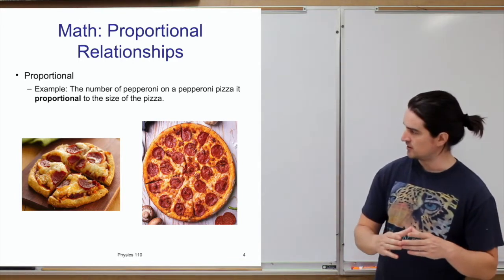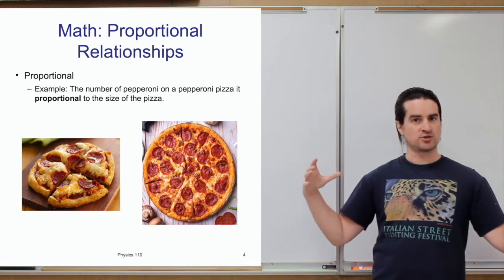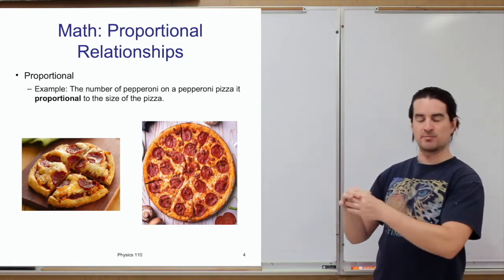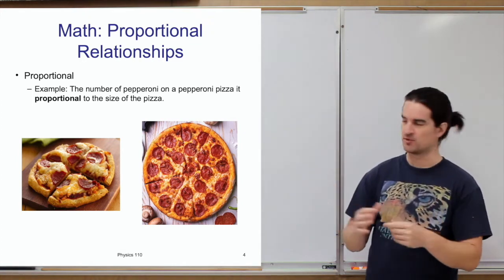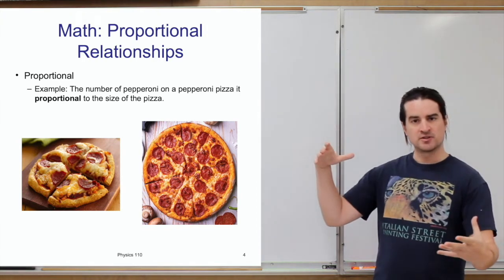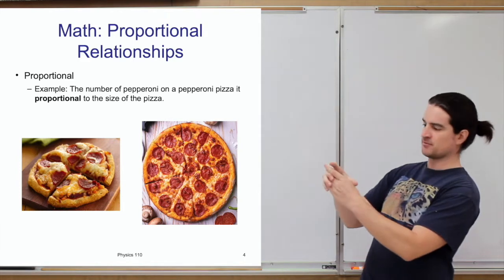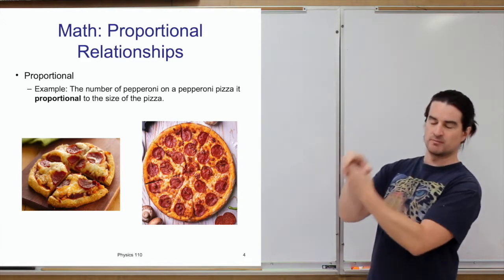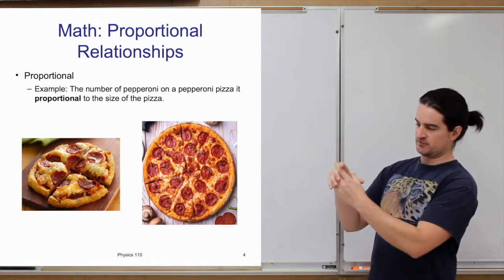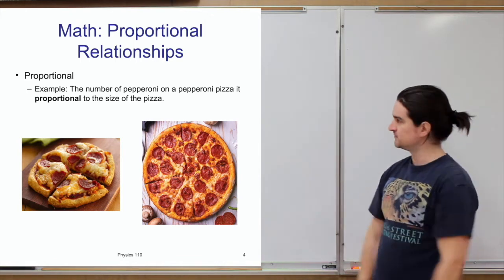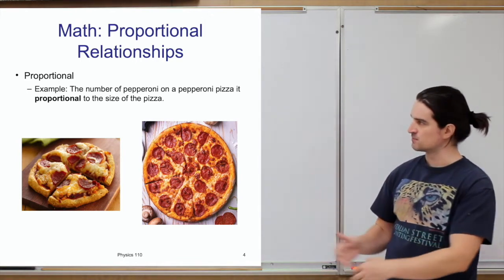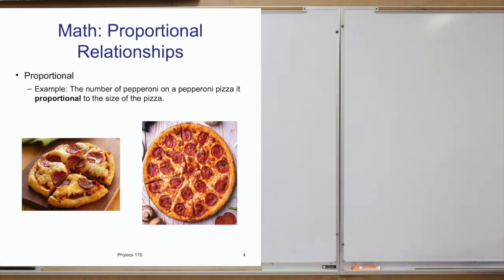However, if you have a much larger pizza, assuming you're using the same size pepperonis, you're going to end up with a lot more pepperoni on the larger pizza. And conversely, if you shrink it down even further, you might end up with just one pepperoni on a pizza, or it might be just like a pizza bite. So the number of pepperoni on the pizza is proportional to the size of the pizza.